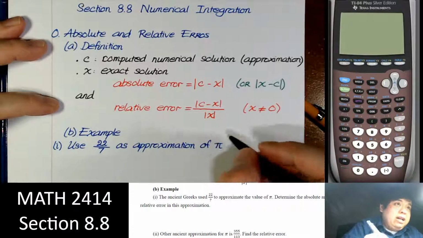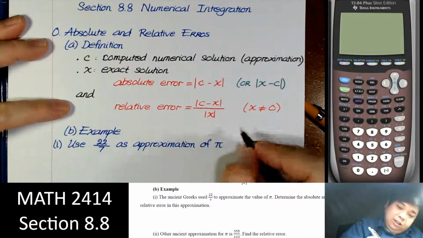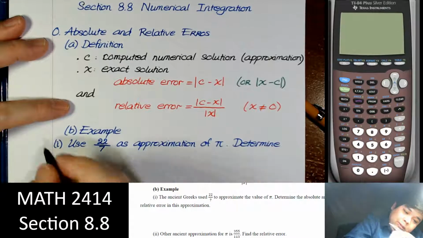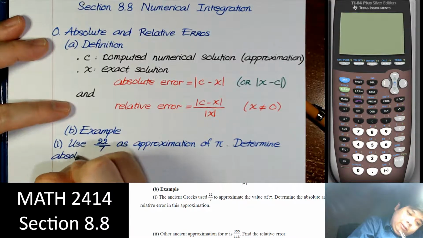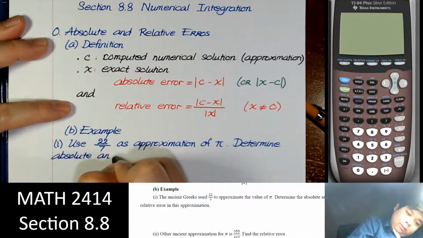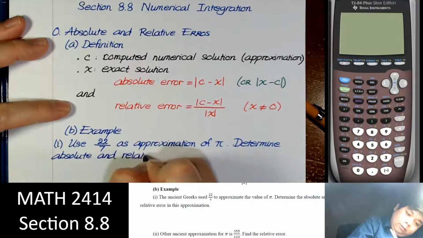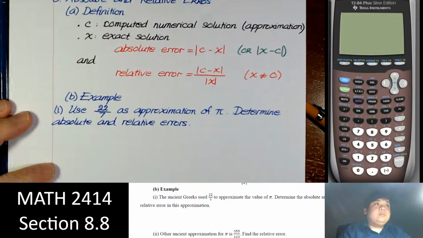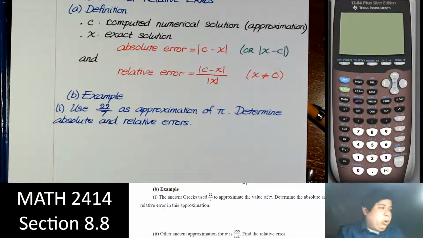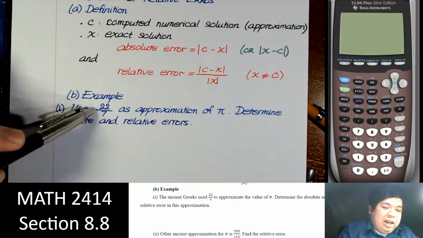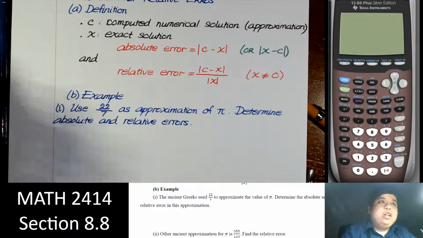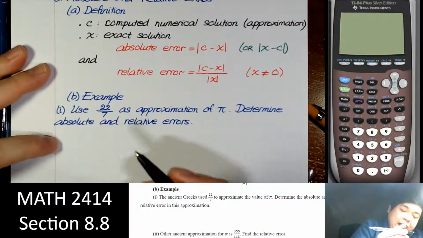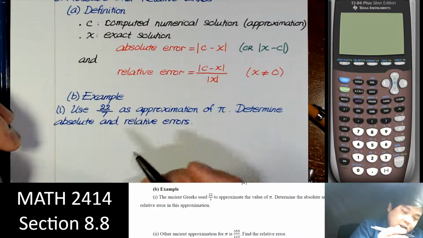Determine the absolute and the relative error. By the way, I think in grade school, sometimes we use 22/7 as an approximation of pi. So how bad or how good is the approximation?